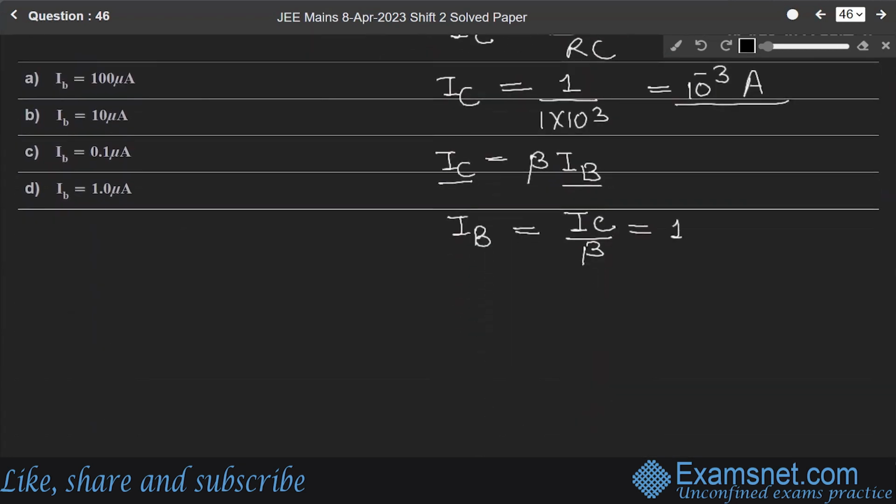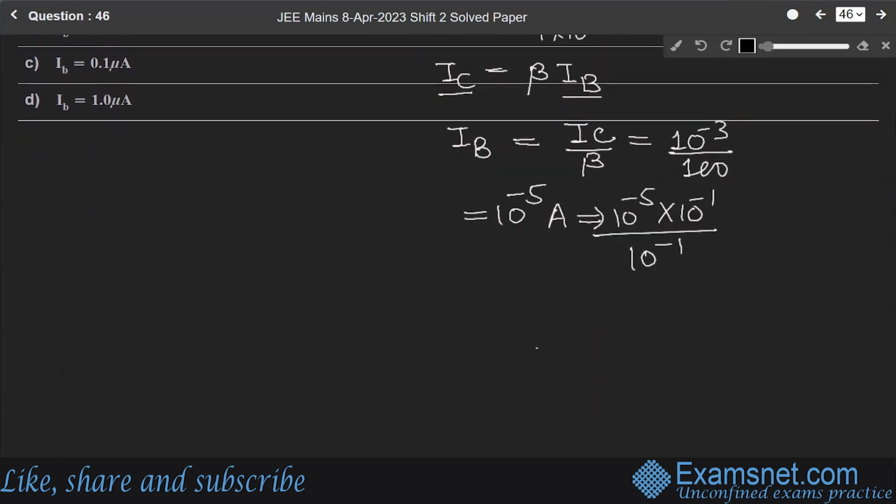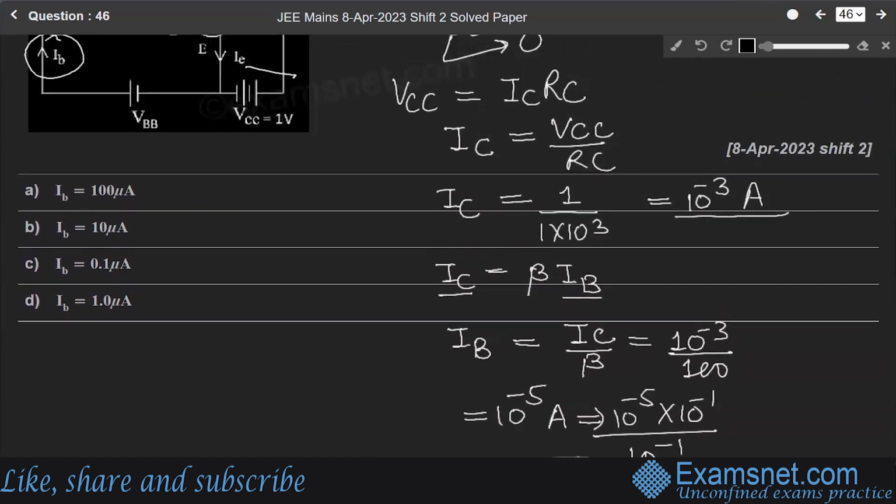So IB equals 10 to the power minus 3 over 100, which is 10 to the power minus 5 ampere. Multiplying numerator and denominator with 10 to the power minus 1, we get IB equals 10 microampere. So the correct answer is 10 microampere, that is option B. Got it?